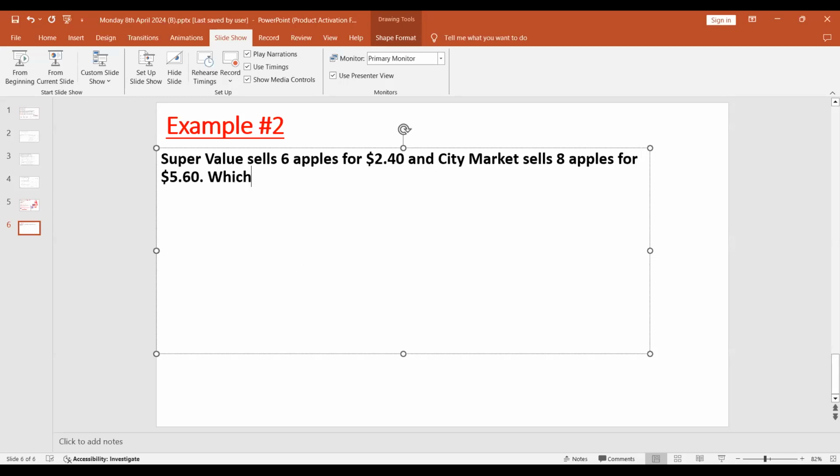Which shop has the better buy? Okay, which shop has the better buy?